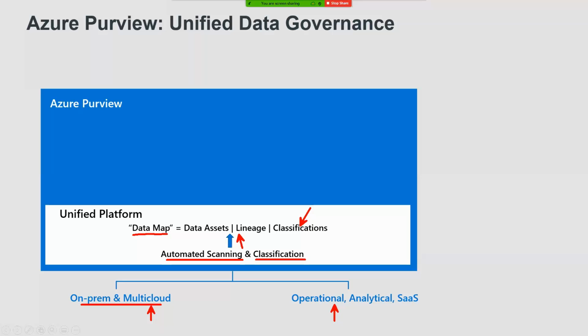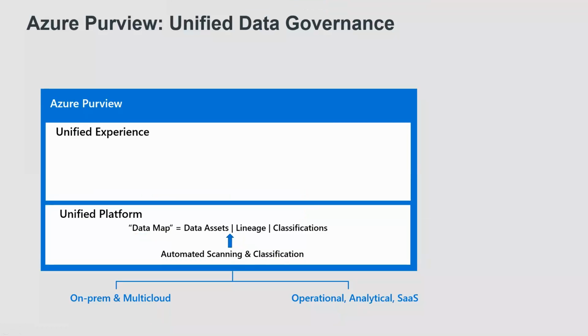So we have a table, we have columns, and some of those columns get some sort of classification information. We will see in the demo environment that the schema can get classification at the column level, for example, the file level, whatever. So those are the three parts: the data assets, the lineage between those assets, plus the classification to get more information about the assets.